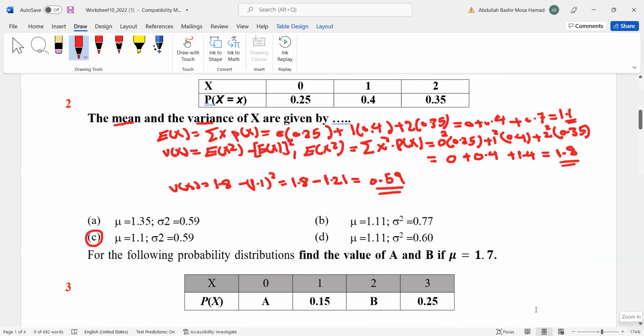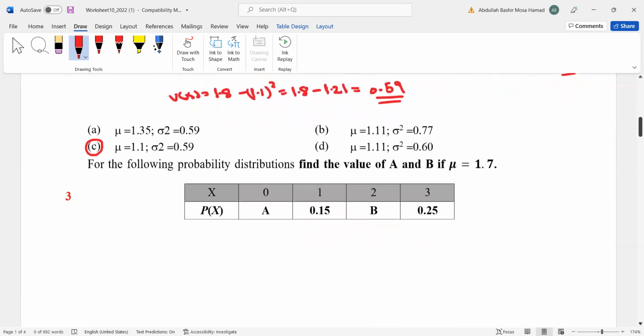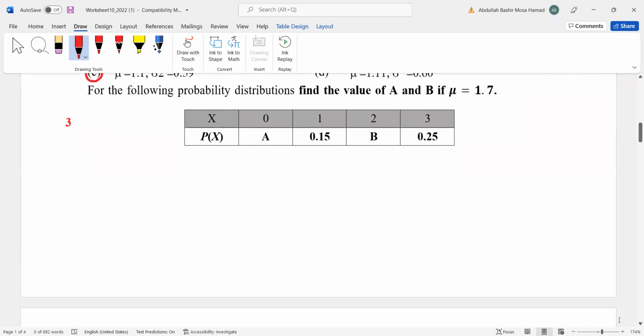For the following probability distribution, find the value of a and b if the mean or expected value of x is 1.7. Because we have two unknown variables, we need two pieces of information. The first information, already given, is that the expected value of x is 1.7.